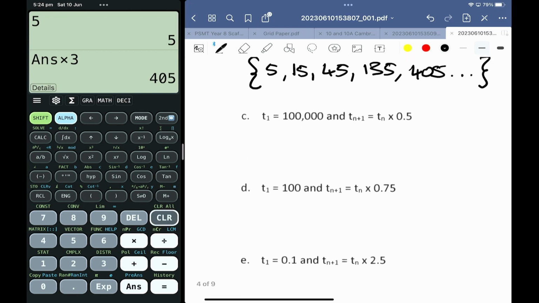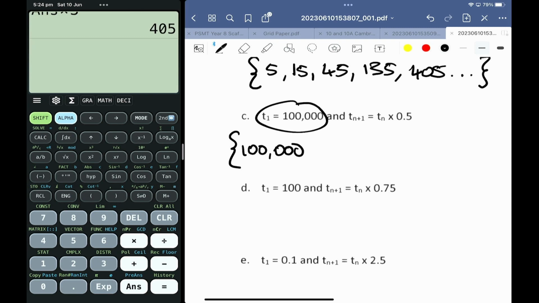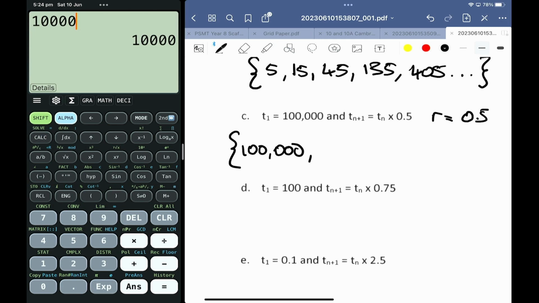All right, next one. First term is 100,000. It tells us in the question. The ratio here, well, this time I'm multiplying by 0.5. So my ratio is 0.5. Press equals, press answer, times 0.5.